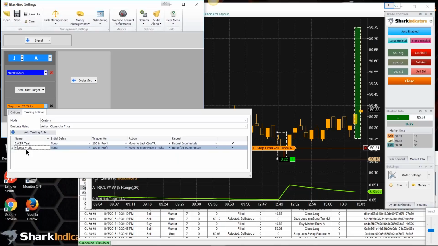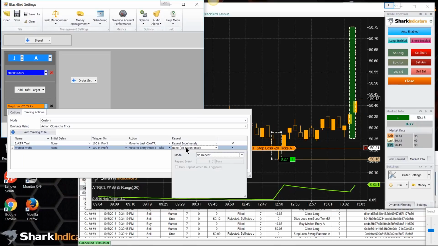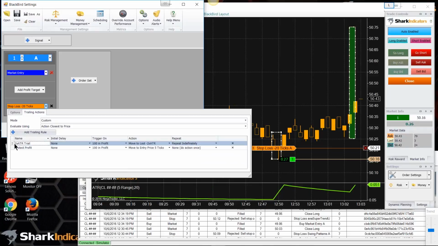So our protect profits trailing rule, it doesn't repeat, right? We have it set to no repeat, so it's only going to act one time. It's only going to trigger one time. But our 2 ATR trailing rule, that's going to repeat indefinitely.